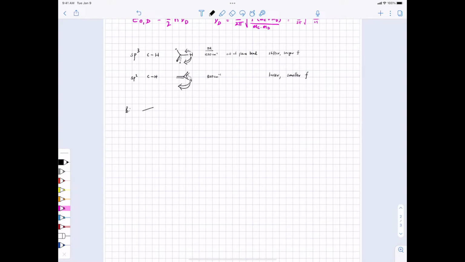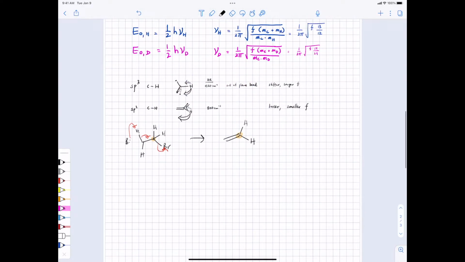For example, if you compare this starting material with this one, when the leaving group is gone, because this is an elimination reaction, you can see that at this carbon we're rehybridizing from sp3 to sp2.